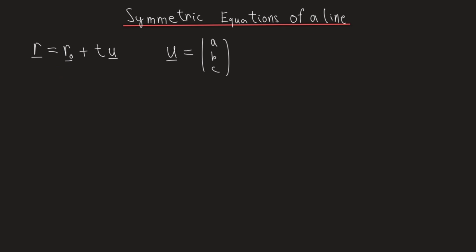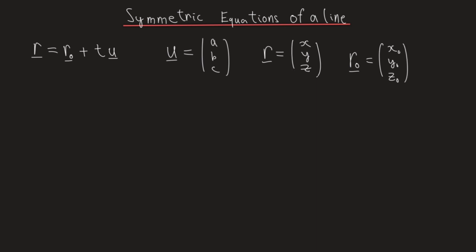Going back to the subject, we now need to find the coordinates of our position vector r and our position vector r naught. And so our position vector r, since it's a general vector, we will consider its coordinates to be x, y, and z. And for r naught, we'll say that it's x naught, y naught, and z naught.